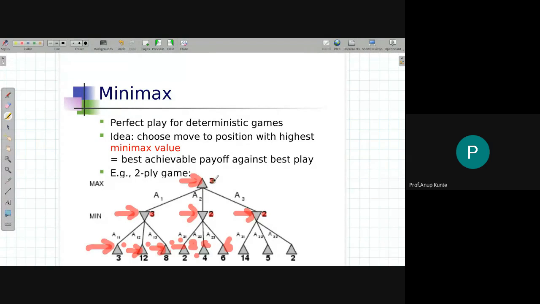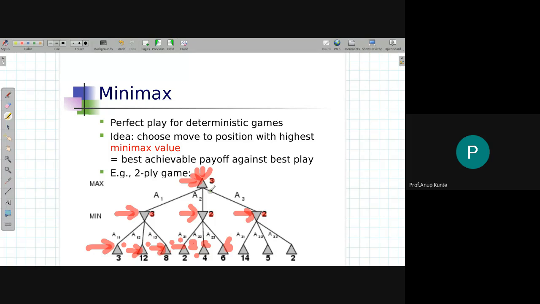Once the minimax algorithm returns the minimax value of that particular node, 3 is the value that my minimax algorithm will return for the root node, that is this node. Now we will guide our max node to take action A1 in order to achieve that payoff.